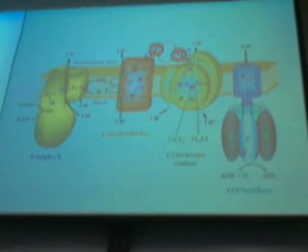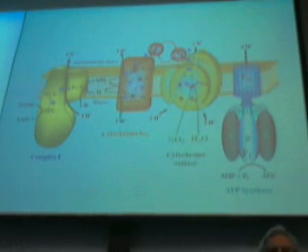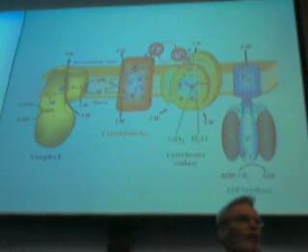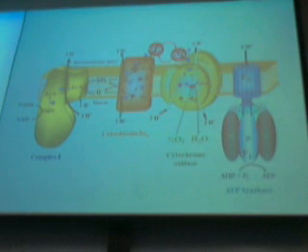And what that can do is that if we have highly reducing electrons, it can react with oxygen to form this highly toxic molecule, O2 minus, superoxide. And that is a bad player. It is one of the major sources of aging and various types of degenerative diseases.